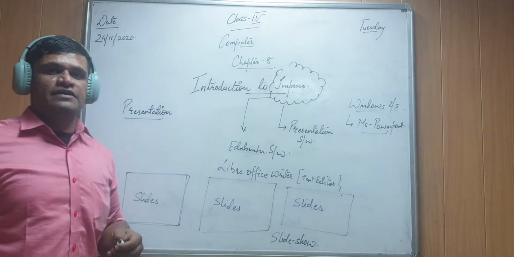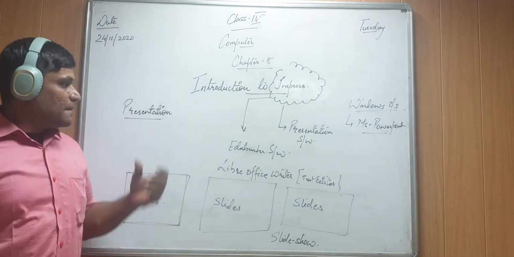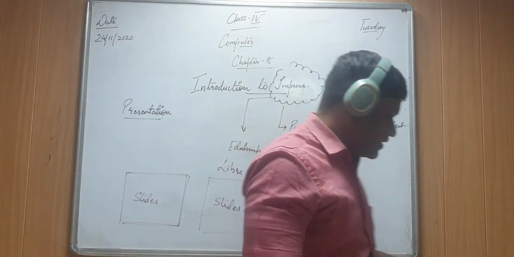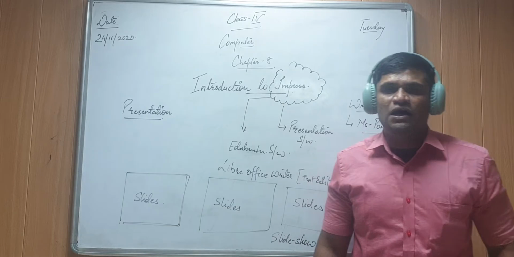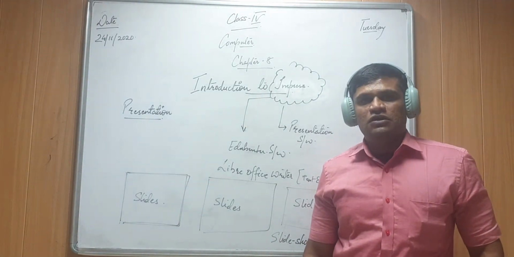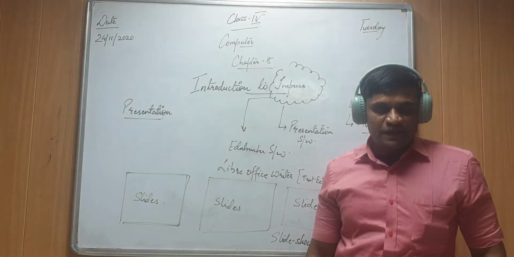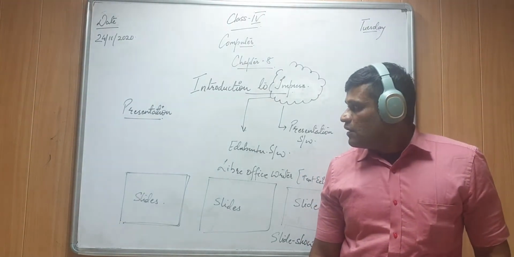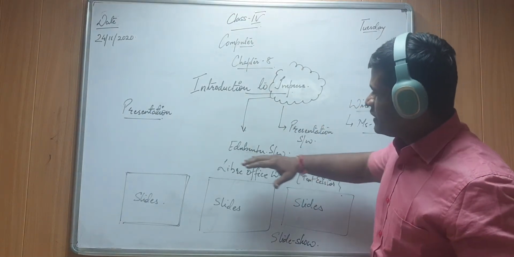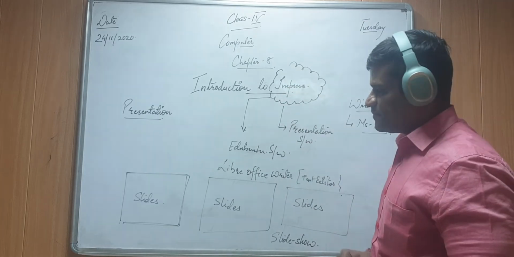These are some basic terminologies which we will be using during the chapter. Presentation is an effective way of communicating or displaying your information by using different multimedia or graphical entities like sound, picture, audio, text, videos, etc. The presentation software which we are talking about right now comes in the Ubuntu operating system. The program name is Impress.